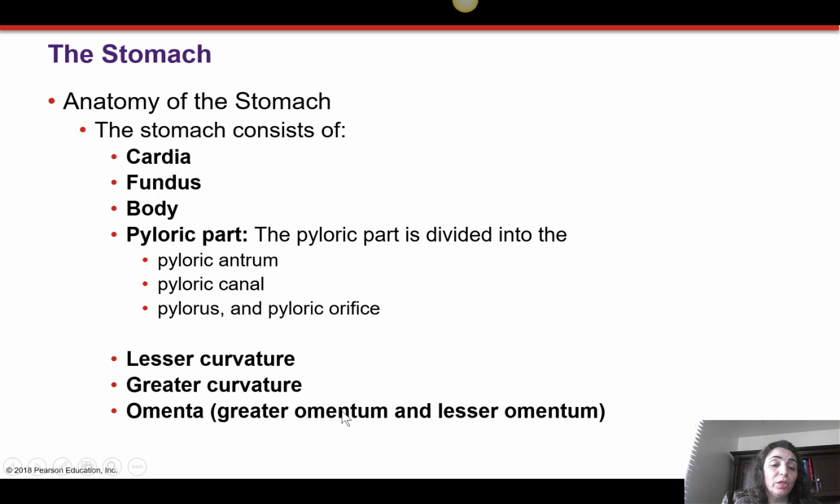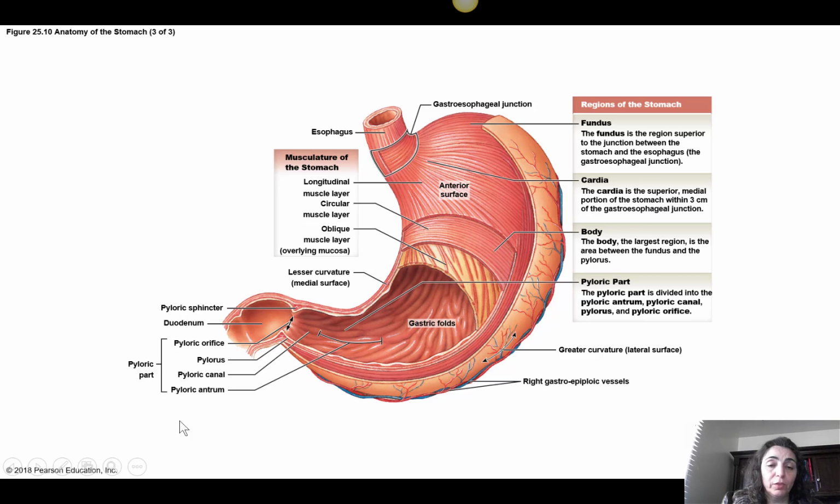And to the greater curvature of the stomach, we have greater omentum that is attaching to the greater curvature, and as we discussed before, it goes down and loops back behind itself, and on the back attaches to the lower part of the transverse colon, right? So these two omentum together we call omenta as the plural form.